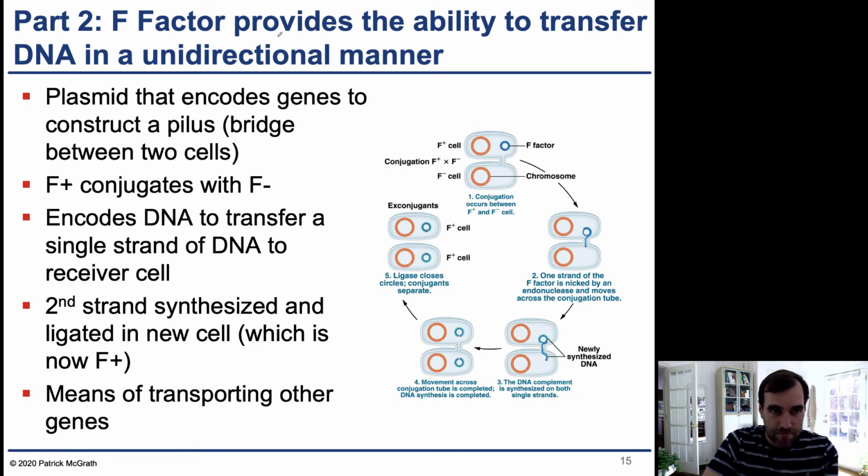It's possible because the F factor is actually a plasmid. The reason these cells are F plus cells is because they contain a plasmid that contains genetic instructions for how to do all this stuff. In part, this F factor contains all of the genes necessary for building these pili.